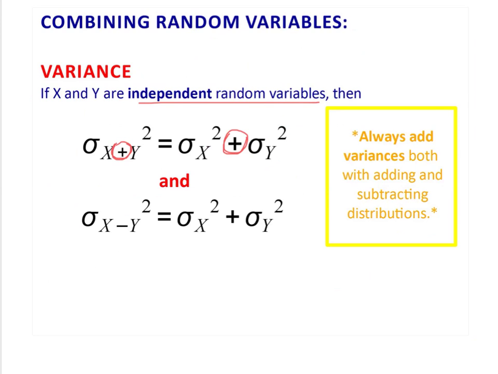But if I'm finding the difference between x and y, I'm still going to add together x and y's variance. So make sure you get these equations down. You need to have these in your notes because these two equations help us refer back to concrete examples when we're given a really wordy problem. So we always add the variances, both with adding and subtracting our distributions.